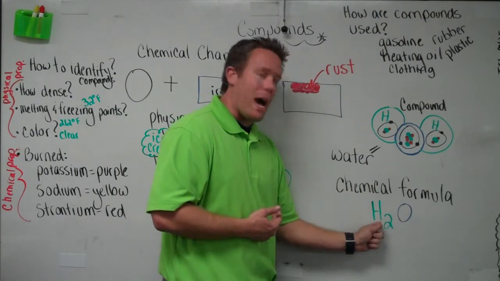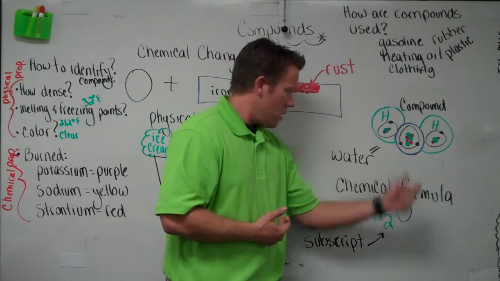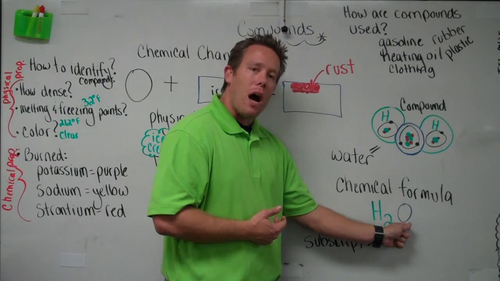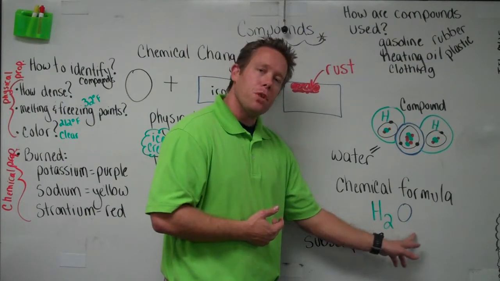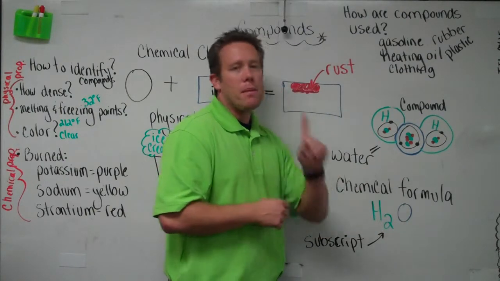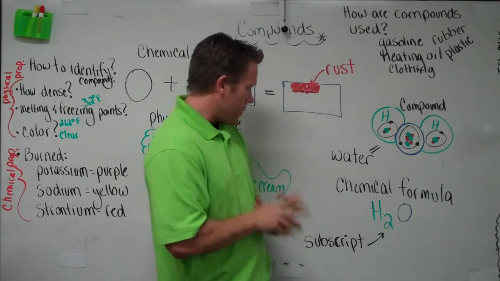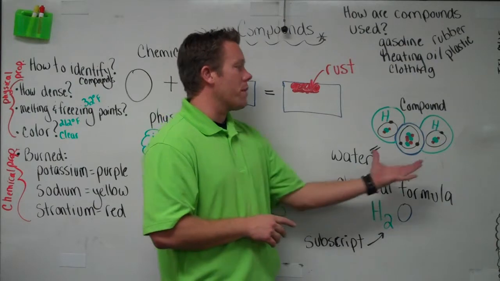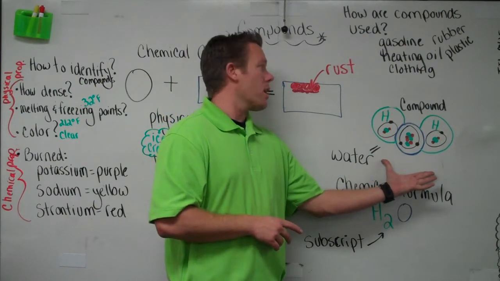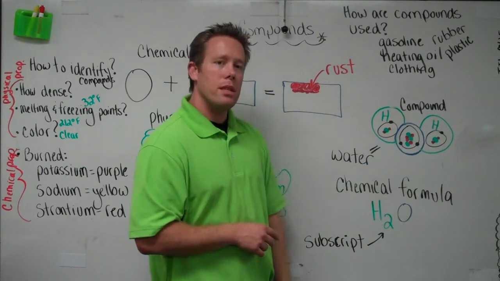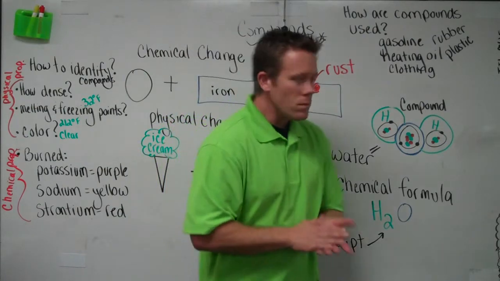It takes two atoms of hydrogen and only one atom of oxygen. If there's no subscript next to the letter, that means there's only one atom involved. Okay, so those are called subscripts. That's the chemical formula. This is an example of a compound, two elements coming together to make a substance.